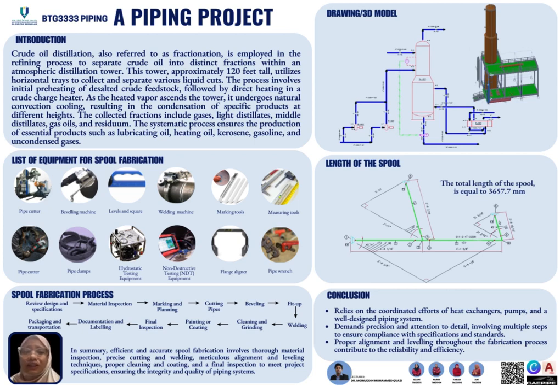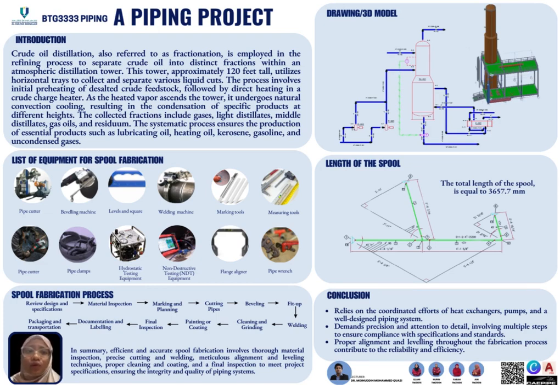Non-destructive examination ensures weld integrity. Then post-weld, we clean up, removing slag and spatter with a grinder or wire brush. Internal weld beads are smoothed if necessary. And to protect against corrosion and enhance aesthetics, spools get a protective paint or coating following industry standards.